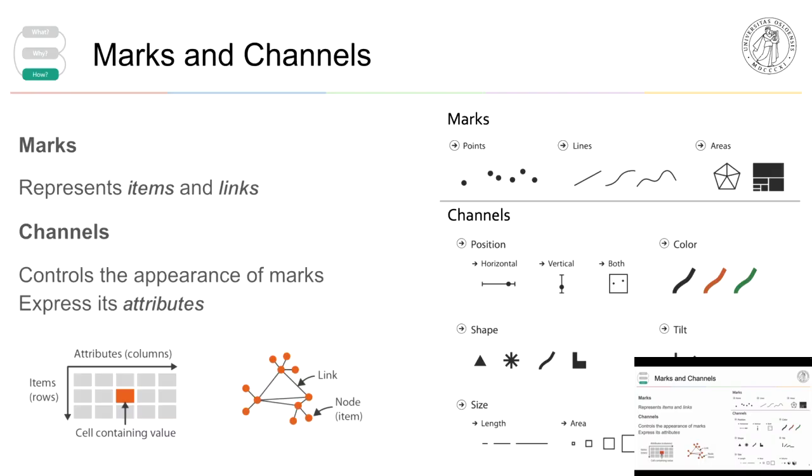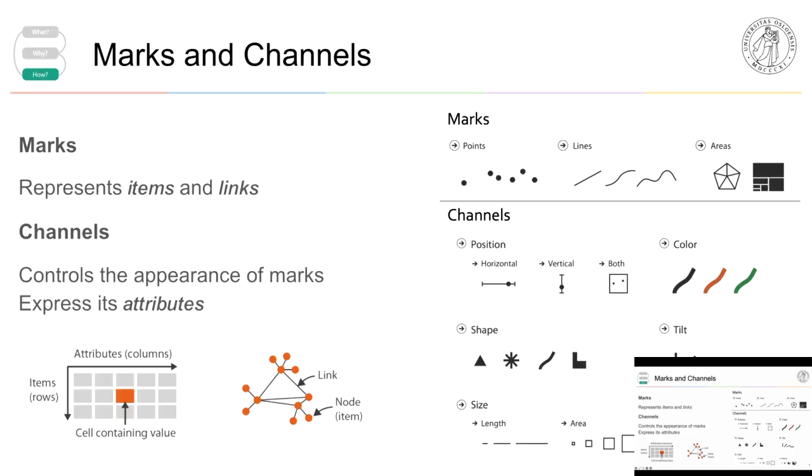So when you have a data set of items, you need to figure out how to draw them, right? So marks represent these items, or links if it's a network type dataset.